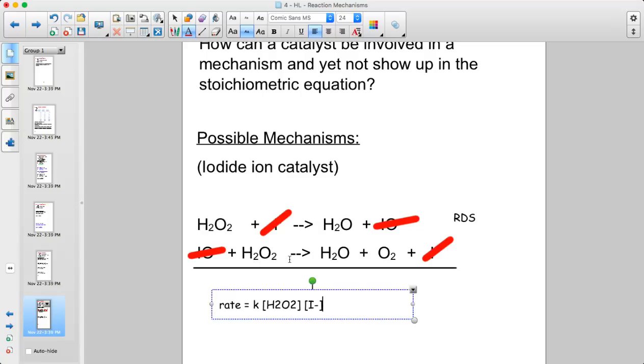I minus is a catalyst. So you can know its concentration, and therefore it can end up in the rate equation. So reactants can end up in the rate equation, but also catalysts can end up in the rate equation. Just not things like the IO minus, the intermediates. So based on this first step being the rate determining step, only the two things involved there would matter, and so this would be the rate equation.